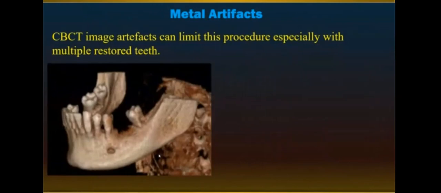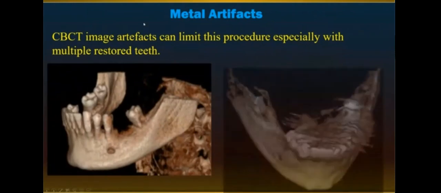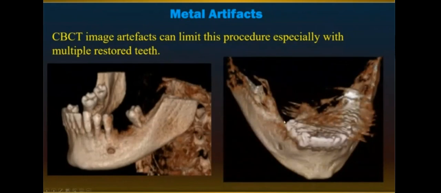All the machines, whether the cheaper ones, the expensive ones, the high quality or the low quality, will give similar or very near quality to each other. The problem is when the patient has metals, you will have multiple artifacts which obscure the visibility and make some readings, especially of the bone quality, altered.